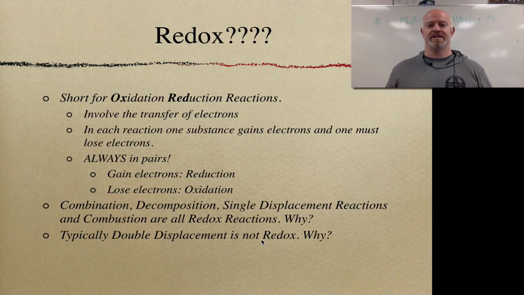And I said we're going to assume it stays iron 2+. The reason we can make that assumption is that under typical conditions, double displacement reactions don't transfer electrons; they just switch partners. So they're not redox, because there is no transfer of electrons, with one thing losing and one gaining. They just find new partners. That's all they do. That's the overview of what redox is.